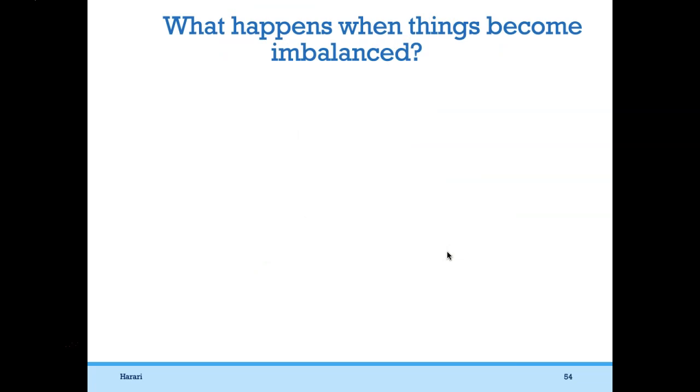And this checkpoint we said is critical for maintaining balance, right? The cells have to be told, are they supposed to die or are they supposed to live and divide? So what happens when things become imbalanced, right? What happens when you have too much cell death and not enough cell division, cell growth, and cell survival?